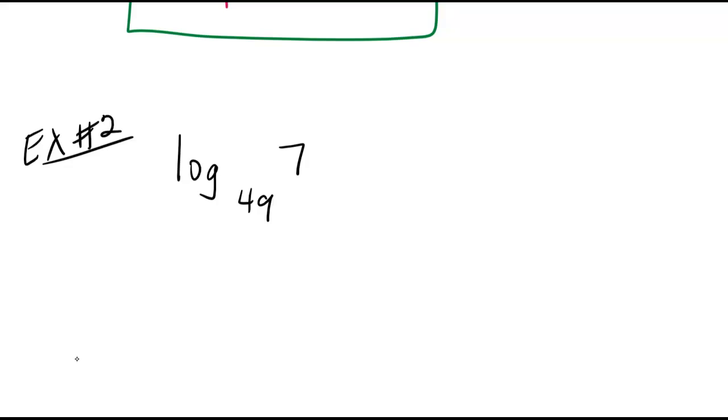Okay. Now, we can solve this on the calculator. I'm going to show you how to solve it on the calculator, but I also want to show you how we can use what we know about logarithms and write this in exponential form and then solve it that way. So we can say this equals something that we don't know. And in math, when we don't know something, we call it a variable. So let's say it equals x.